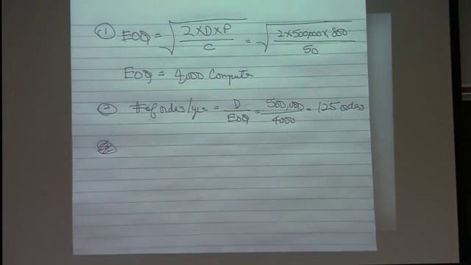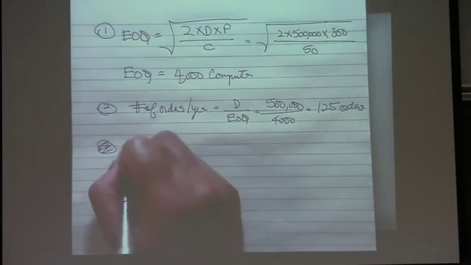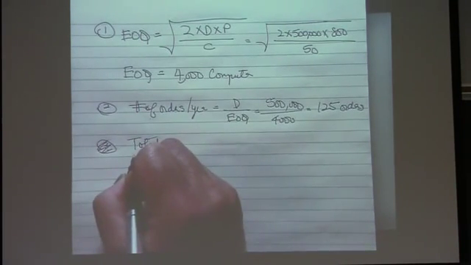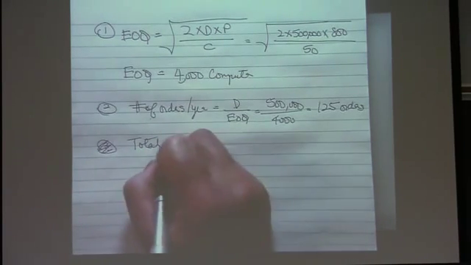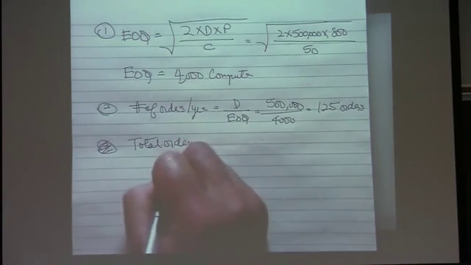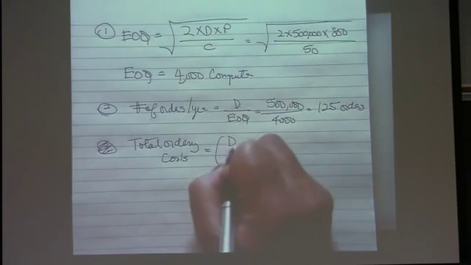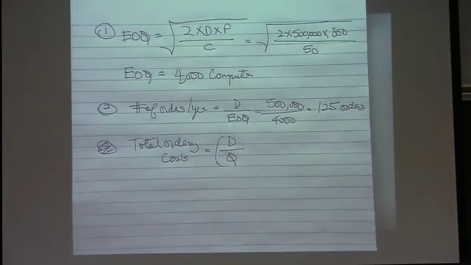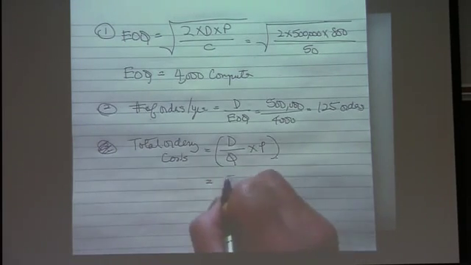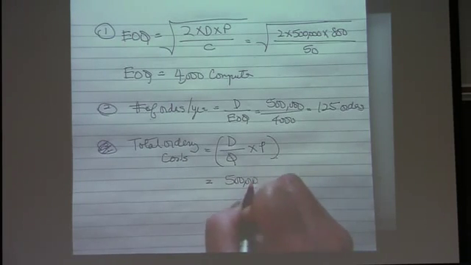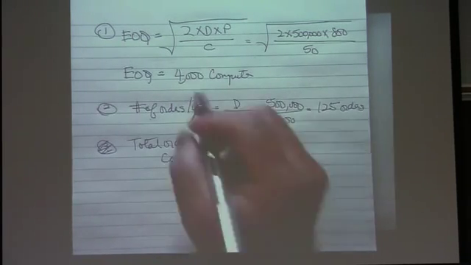You need to memorize these formulas. The total relevant cost includes the total ordering cost, which is demand divided by quantity, where quantity represents the EOQ, times the ordering cost, which is P. That is 500,000 divided by 4,000.